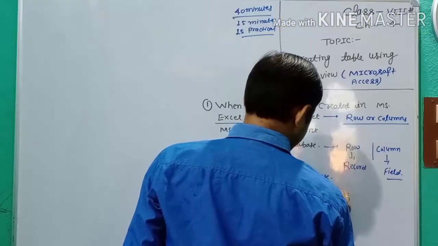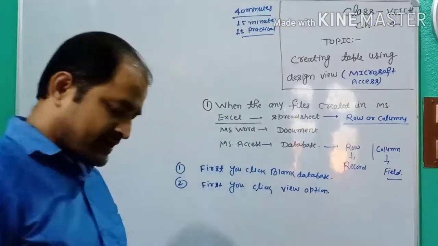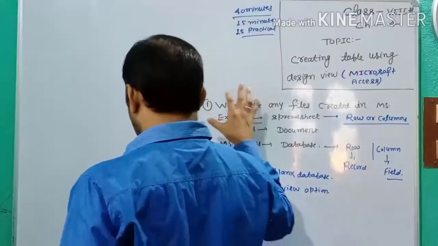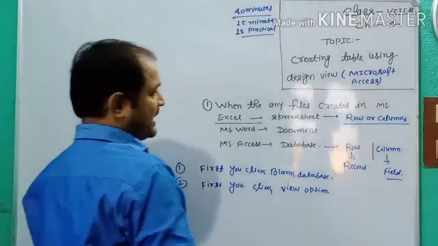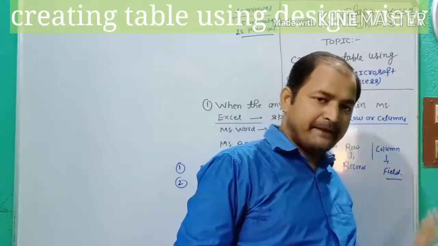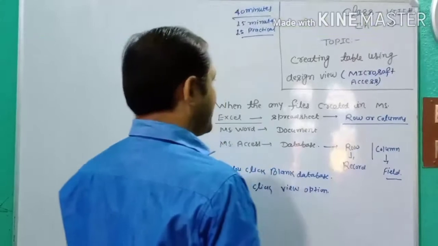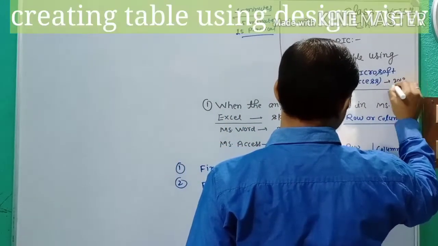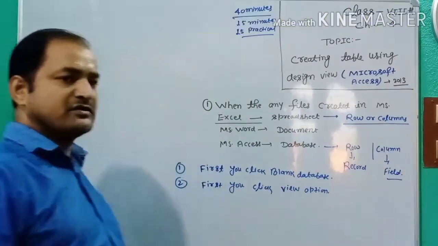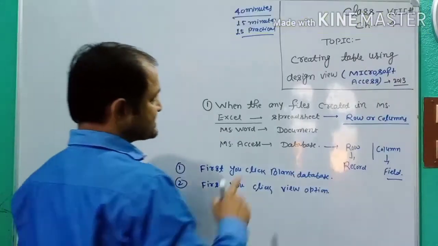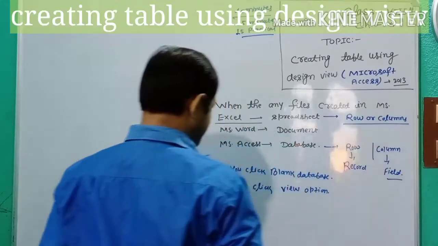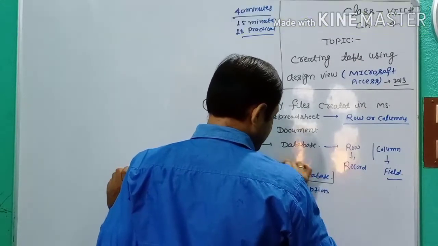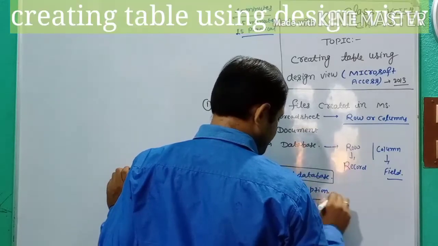My dear student, I repeat one sentence: today I show the practical in every such type of point in MS Access 2013, not 2010, 2007 or 2016. In MS Access 2013, first click Blank Database, then second click the View option.